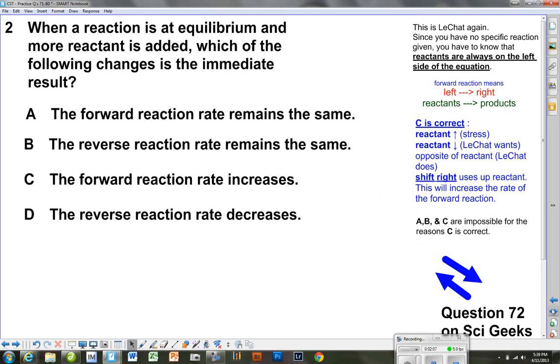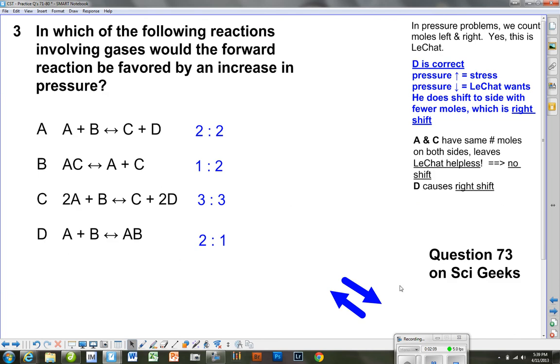And in number 73, we have a change in pressure. You'll notice here that I've given you the left and right numbers of moles for each equation. So we have 2 on the left because both of these have a coefficient of 1, and so they add up to 2. And there's 2 over here, each with no coefficient, so those also add up to 2.